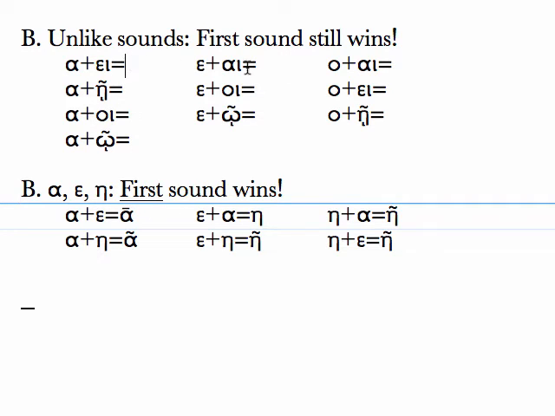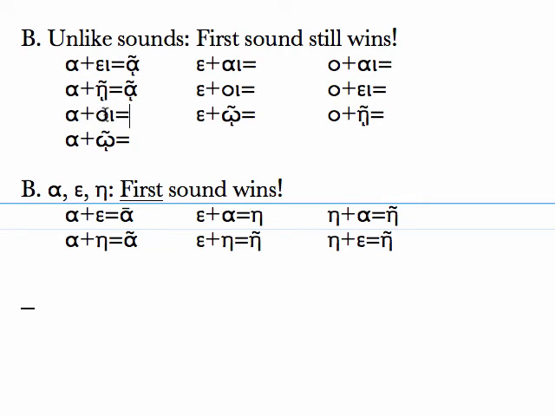Okay, now don't be confused, this is the same principle from above, it's not a new thing, we're just using it here for reference. So an alpha plus an epsilon is going to render a long alpha, and the iota will become subscript. So we end up with that, an alpha plus an eta with iota subscript. Because the alpha comes first, the alpha sound is going to win, and again we come up with that.